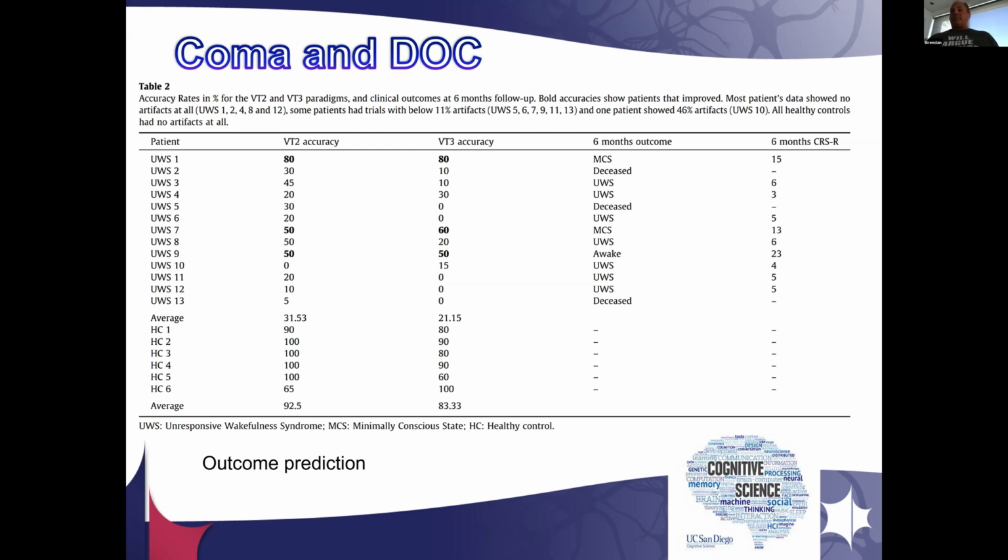So the point of this paper is that the results of a P300 test can in fact provide some indication of where you're going to be 6 months later. And this can also help with issues like family considerations. So what's the likelihood that our loved one will remain in a coma or in a different type of disorder of consciousness 6 months later?